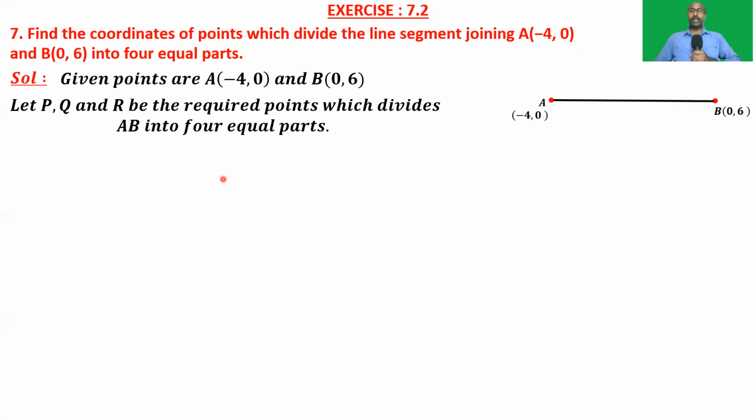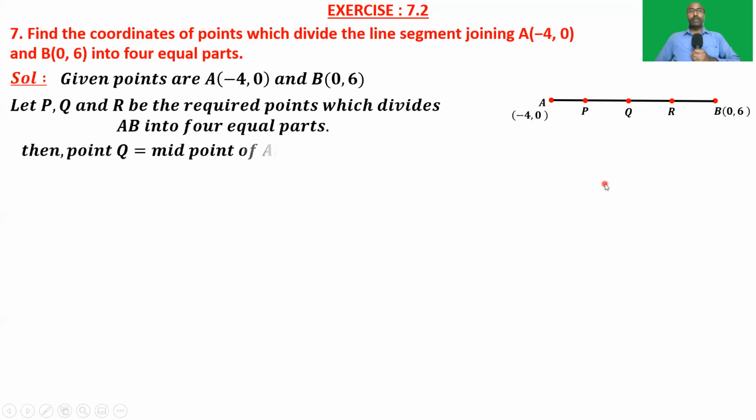Like this, AB is the line segment, and P, Q and R are the required points which divide AB into 4 equal parts. So students, here we can observe that AP = PQ = QR = RB. So here Q is the midpoint of AB, isn't it?